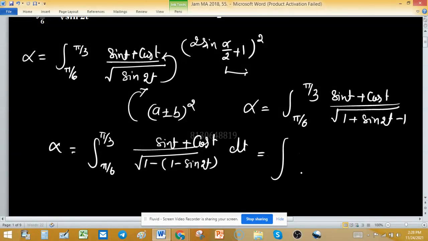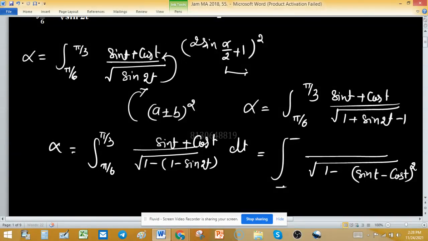Using the trigonometric identity, I can write this with lower and upper limits, and the numerator is the same. In the denominator, I can write 1 minus (sin t minus cos t) whole square, because sin square t plus cos square t equals 1, and sin 2t can be written as 2 sin t cos t.